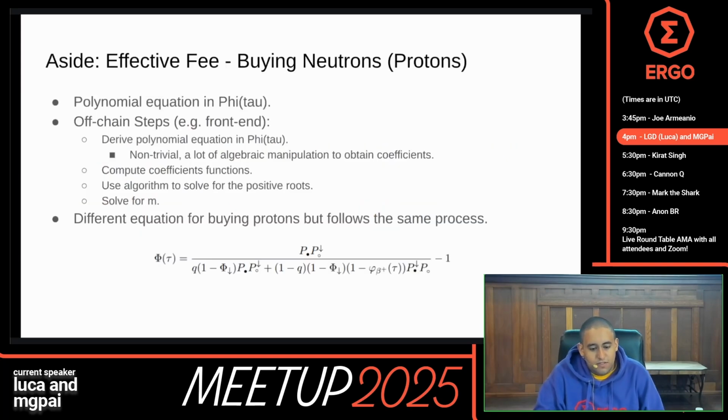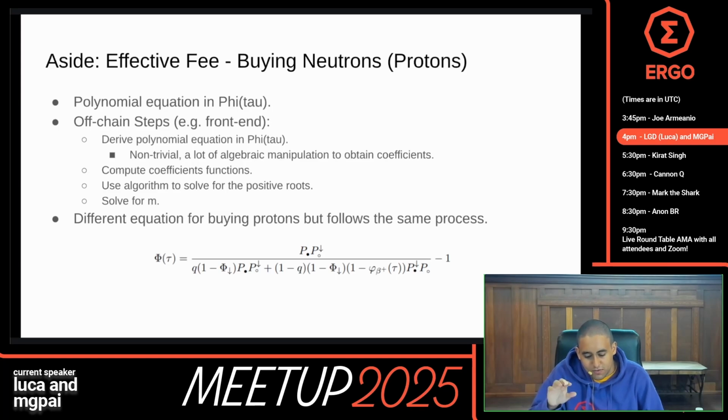So just an aside. In the case of buying neutrons, we also have this effective fee, which represents the cumulative fee for doing a fission and then a beta decay. With the given equations for the actions that we have in this protocol, it's pretty complicated to derive a value for this effective fee. So that's why in the current implementation, if you go on the Gluon.Gold website, we don't do cumulative actions.